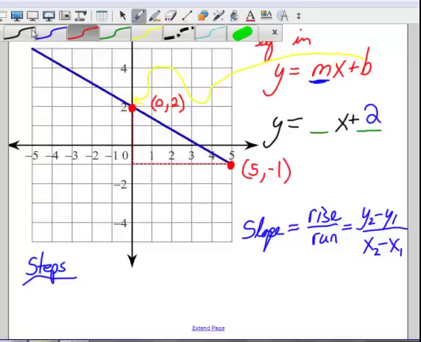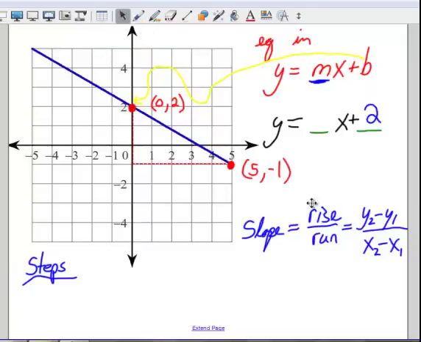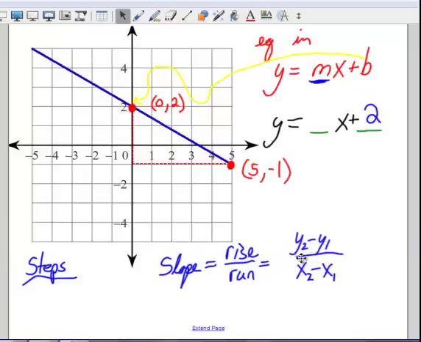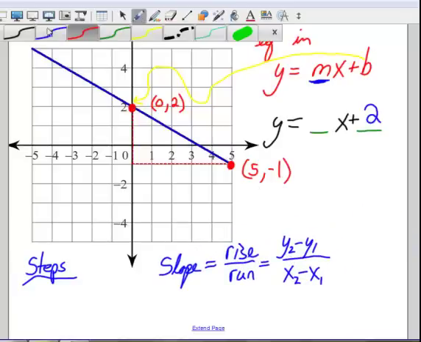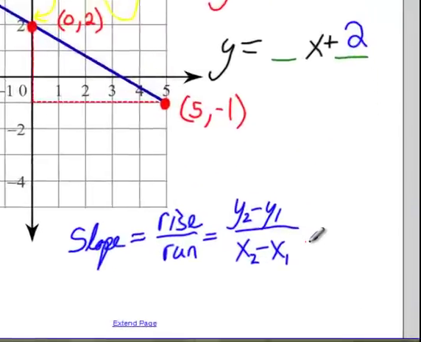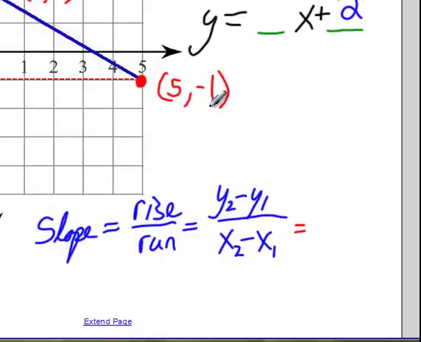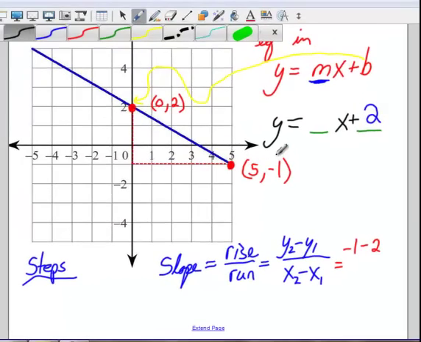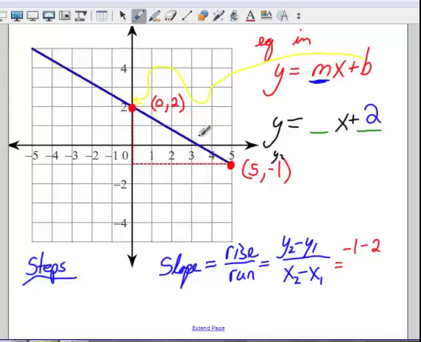So if I plug these values in, let's do this down here, we can say that my y2, let's call this y2, is negative 1, and negative 1 minus 2, that's my y1. So we're saying that this is my point 2, this is my point 1. So this is x1 and this is x2.